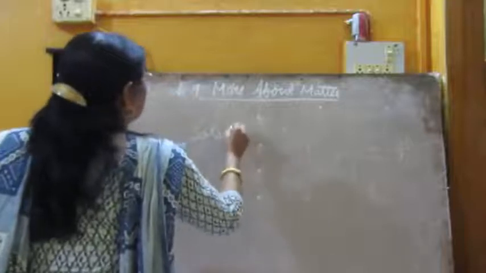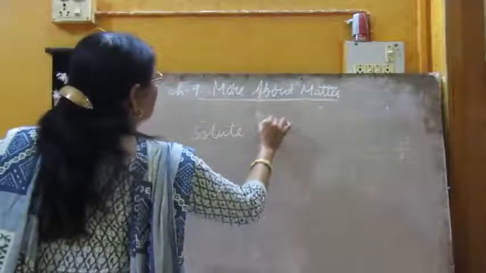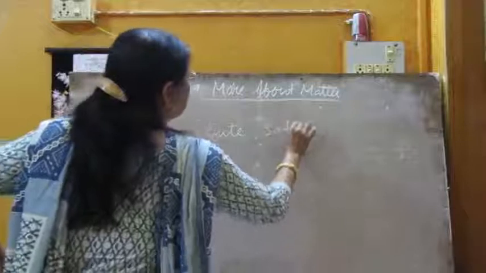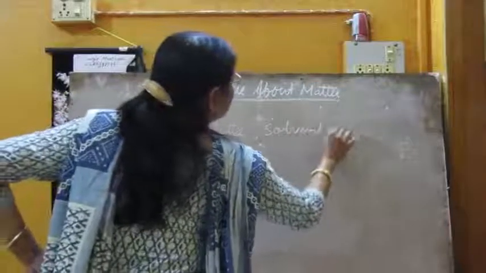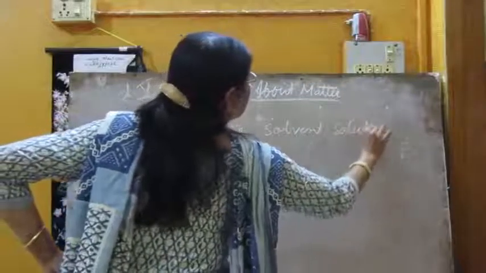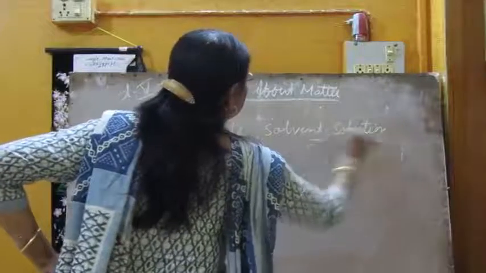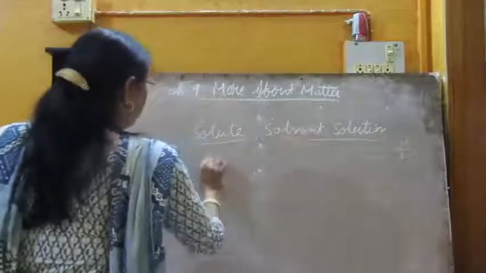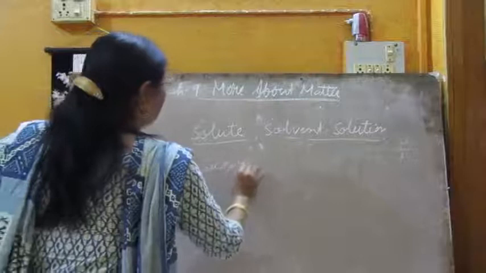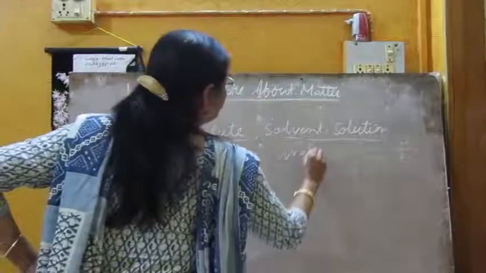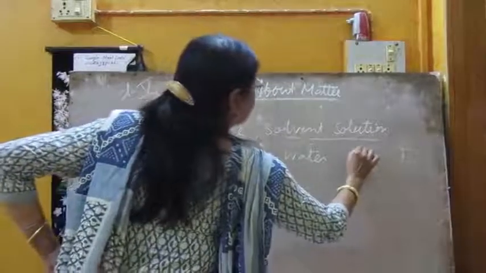Okay, now what are solute, solvent and solution? What are the three forms? I am taking sugar, and this is water, and this is sweet water.